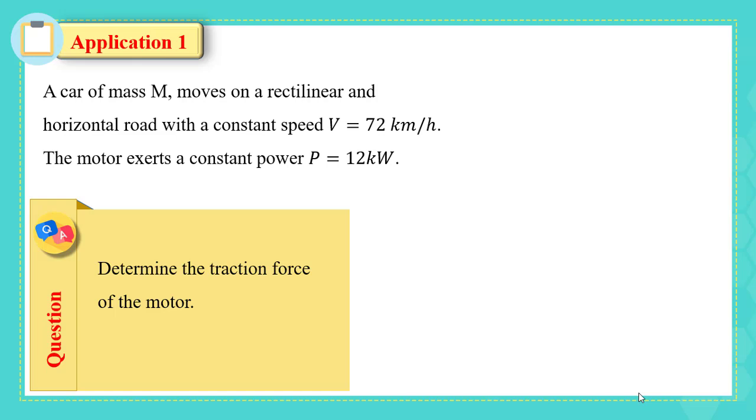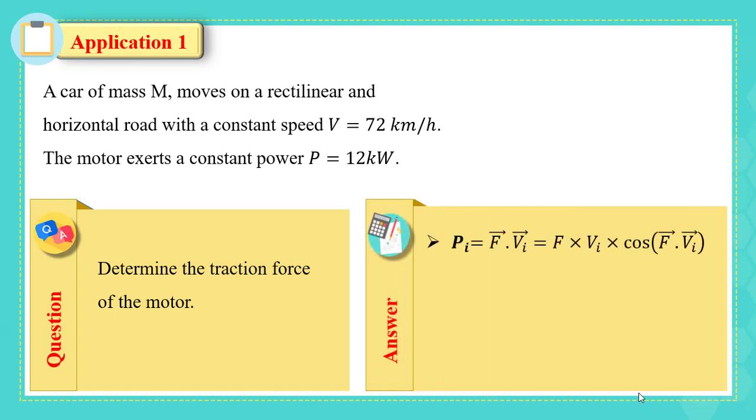Notice here that the power is given, and so is the instantaneous velocity. So we can write P instantaneous equals F vector dot product with v instantaneous vector, which is F times v instantaneous times cosine of the angle.